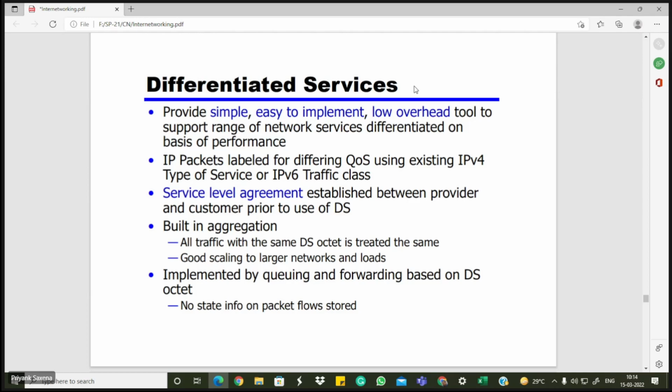So the first issue that ISA faced was a scalability issue. Whenever there is a large volume of traffic, the amount of control signaling required to coordinate integrated quality of service will be difficult.